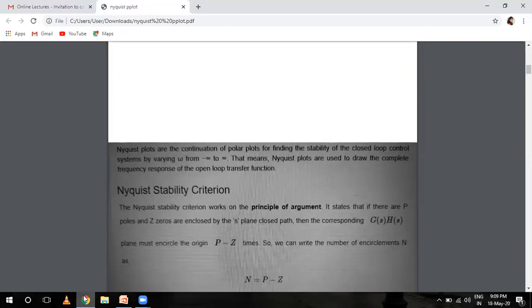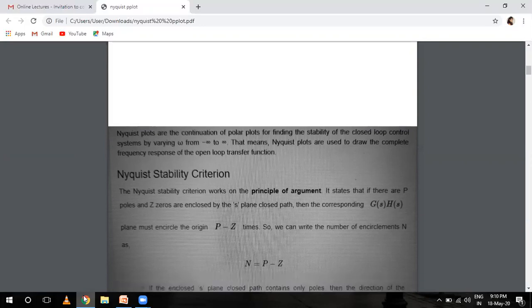When we plot a polar plot, we find its stability by considering the point (-1, 0). When it lies outside the plot, the system is stable. When it lies inside the plot, the system is unstable. When the plot passes through that point, the system is marginally stable.